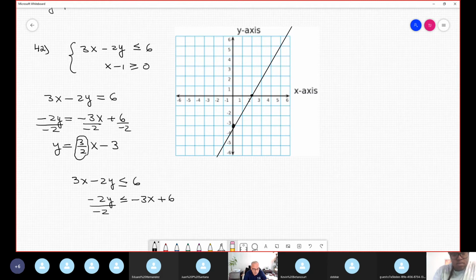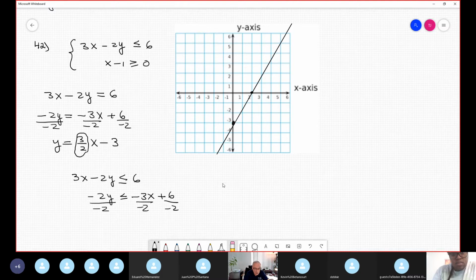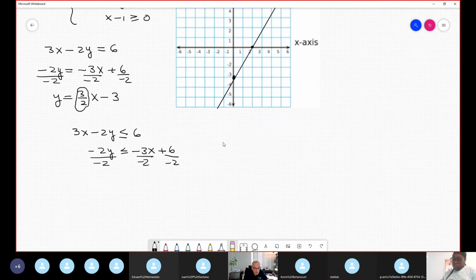So, what is the difference? In the inequality, when you divide by a negative number, the inequality sign is reversed. 3/2 x minus 3. You see it's exactly the same as this. In this case I only consider the equal sign because I want to create the line.